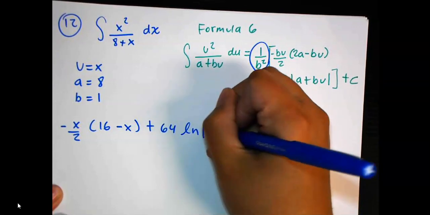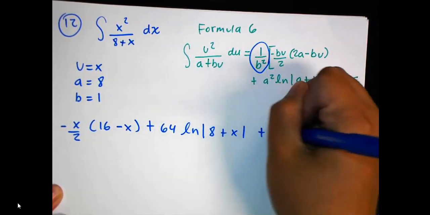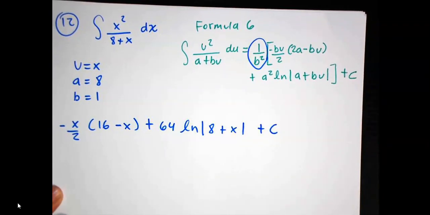Natural log of 8 plus x plus c, because remember, I don't need the parentheses because that was 1. And that's your answer.